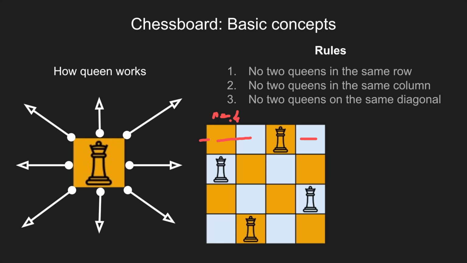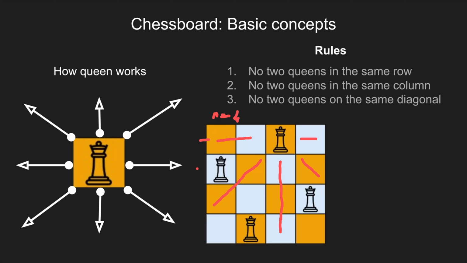Means the first rule is satisfied, that is no two queens are placed in the same row. If we see the column, no two queens are placed in the same column. If we check the diagonal, that is this diagonal and this diagonal, no two queens are placed. So this first placement for the first row is satisfying the three rules.